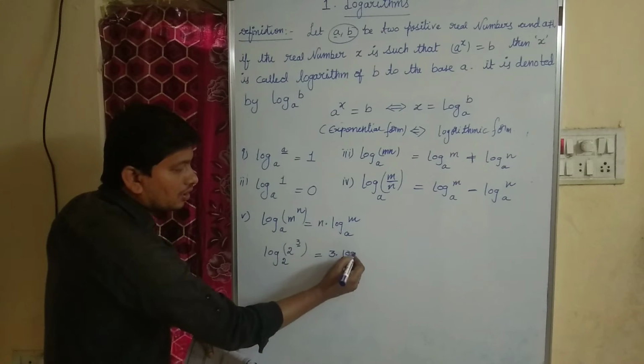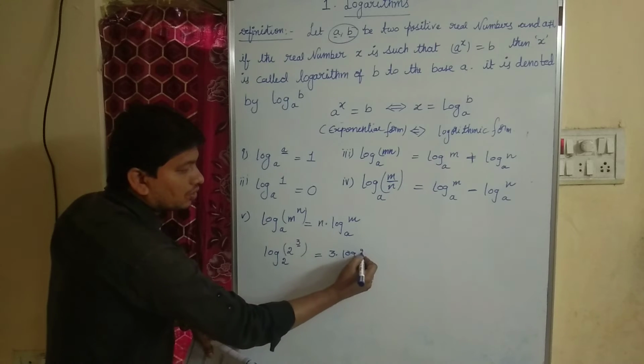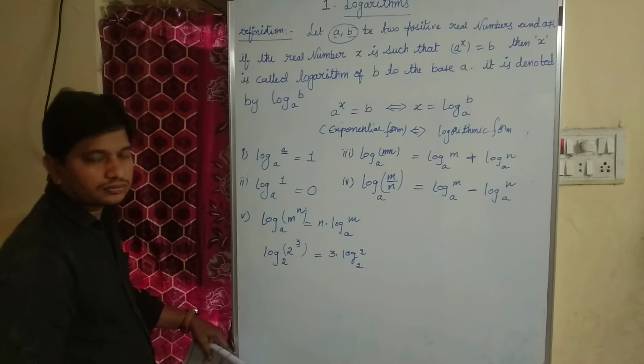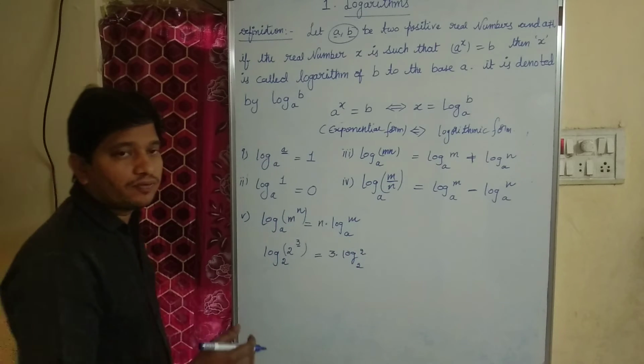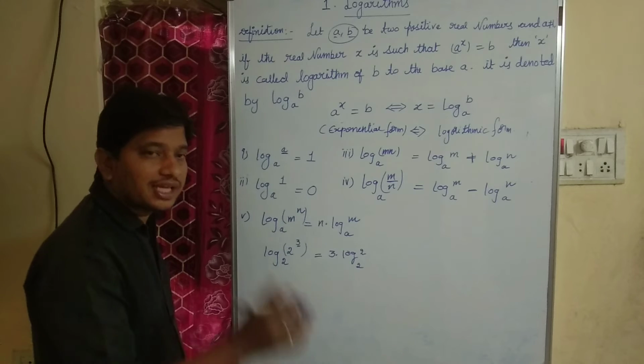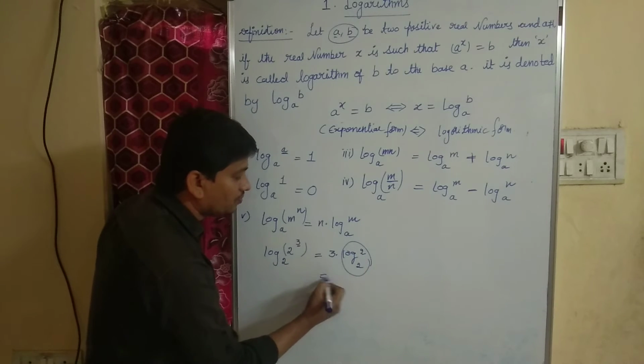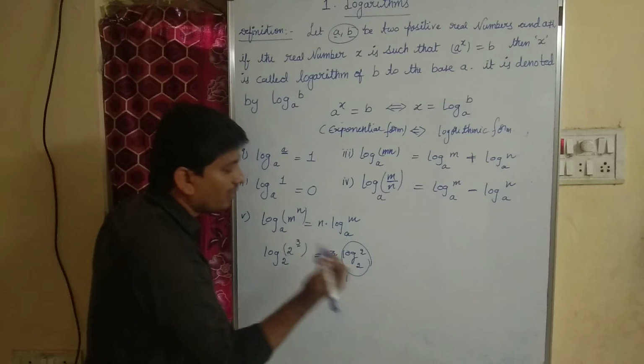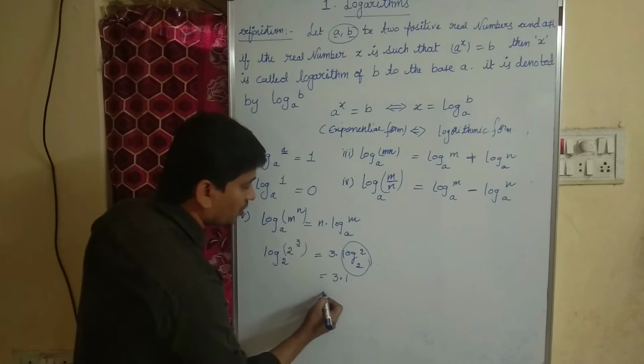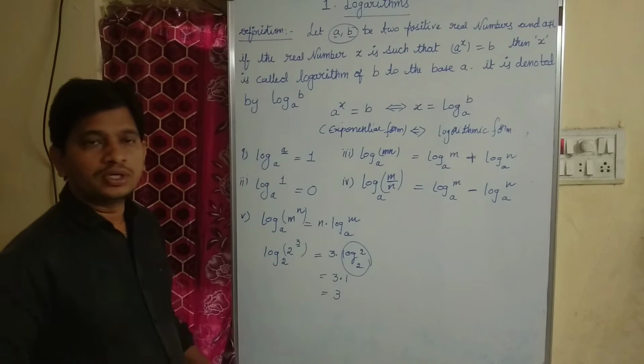I mean log, here m is 2, base also 2. As we know that logarithm of any number to the same base must be equal to 1. I mean log 2 to the base 2. Log 2 to the base 2 value is what? 1. So 3 into 1, which is equal to 3.